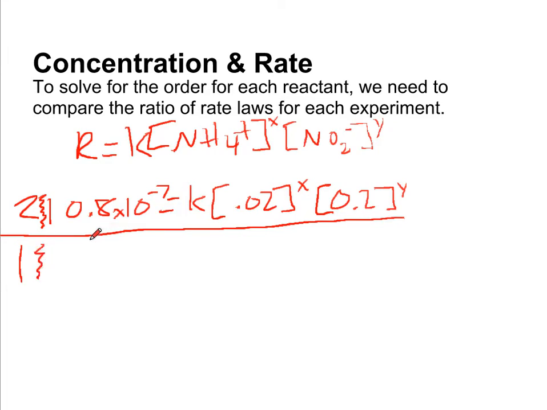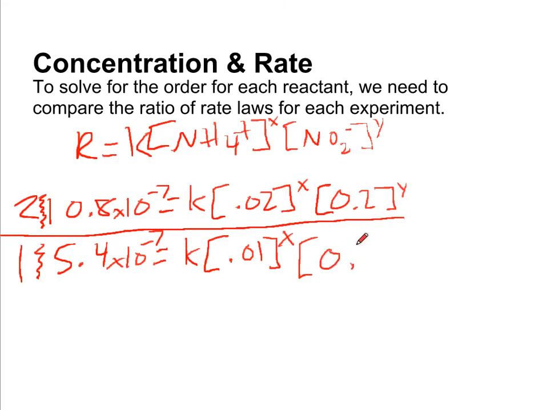In experiment 1, the rate was 5.4 times 10 to the negative 7th. It's equal to our rate constant that has to be solved for. The concentration of ammonium was 0.01 to the x, and the concentration of nitrite, since we kept it the same, 0.2 to the y.